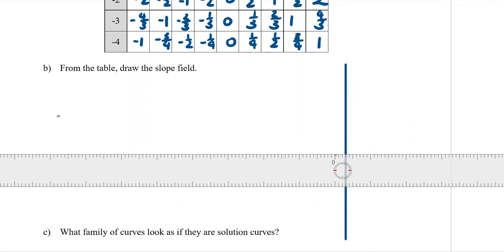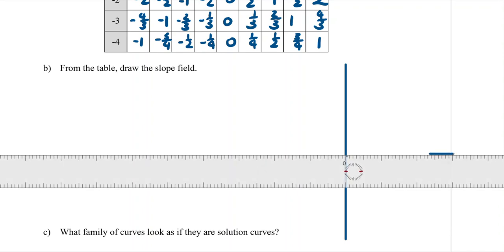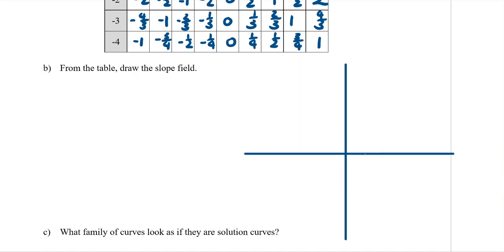And I did a centimetre for each space. If you do half a centimetre, that's fine, but just remember you've got to try and draw these little gradients in there. You don't want to make it too squashy.